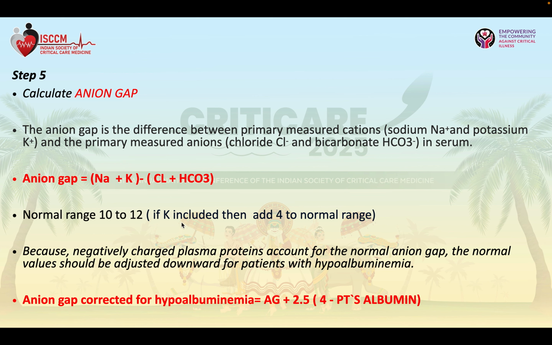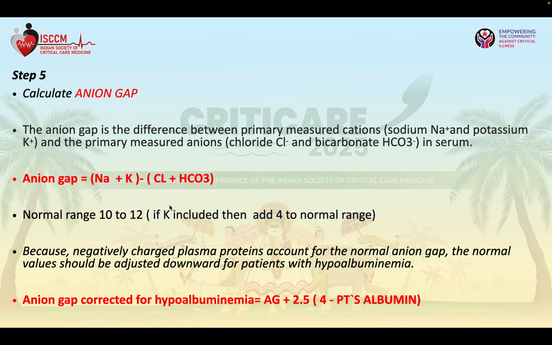Remember, if the potassium is included, then add 4 to the normal range, so this becomes 12 to 16. If you calculate the anion gap with only sodium minus chloride plus bicarb, then it will be 10 to 12, whereas if you use sodium plus potassium, then it will be 12 to 16.